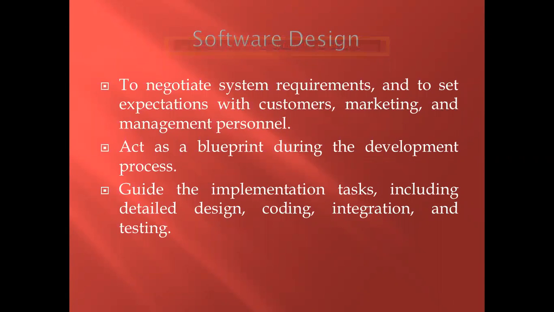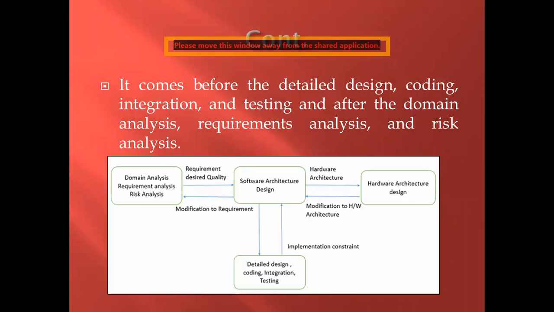So we have to study the architectural design, detailed design, coding, integration, and testing. Now here you can see it comes before the detailed design, coding, integration, and testing, and after the domain analysis, requirement analysis, and risk analysis.